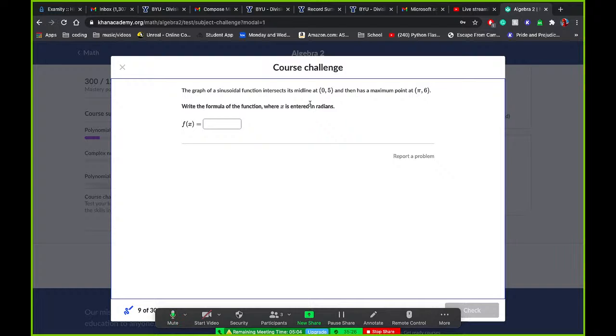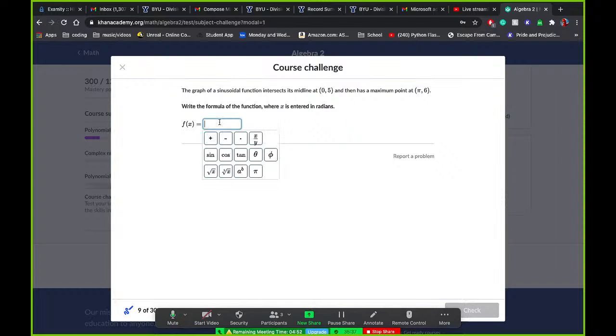No, it's not, because y is obviously equal to 5 over here. So that means that they're doing something in terms of x, maybe. And they want us to find the formula of the function. So how would you do this?